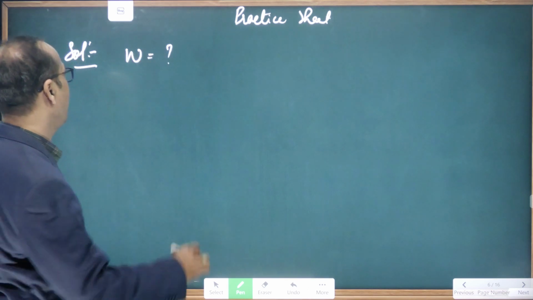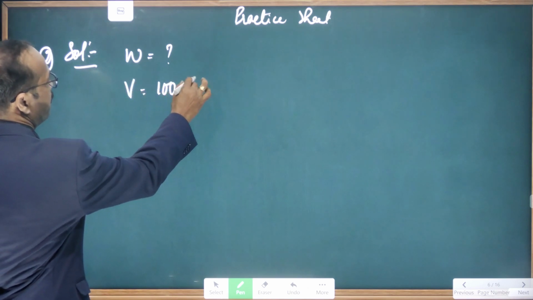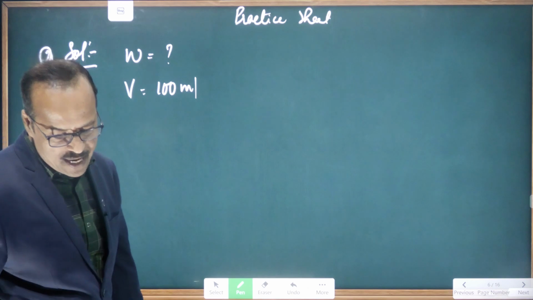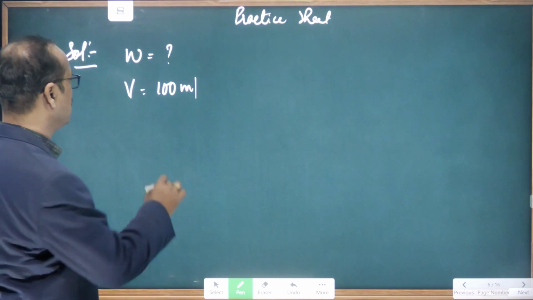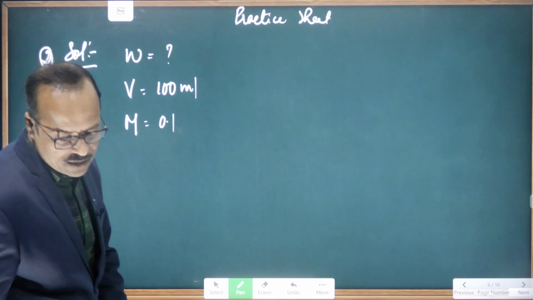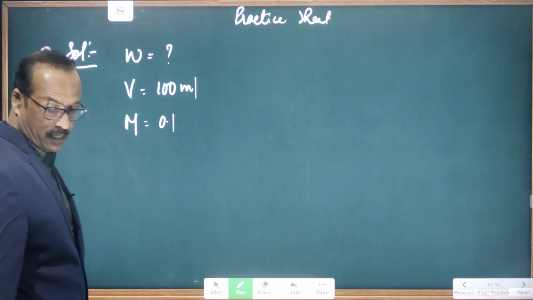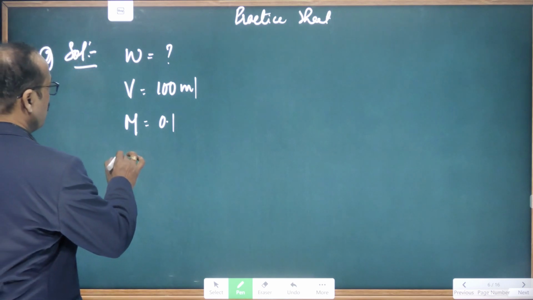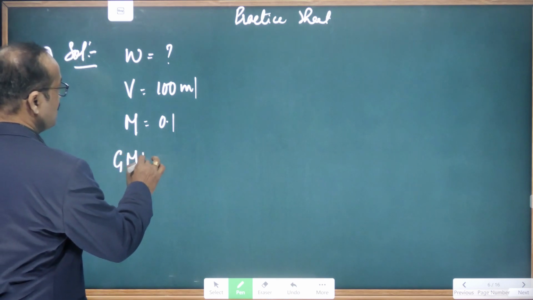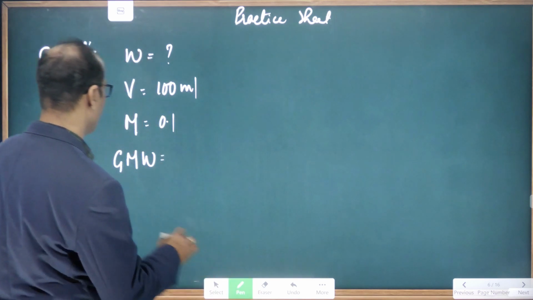Present in 100 ml. 100 ml comes under volume, so volume is equal to 100 ml, right? And then 0.1 molarity is given, so molarity is also given, that is 0.1. That's all that is given. But here we actually need the gram molecular weight also. Gram molecular weight of sodium carbonate is not given in this problem.